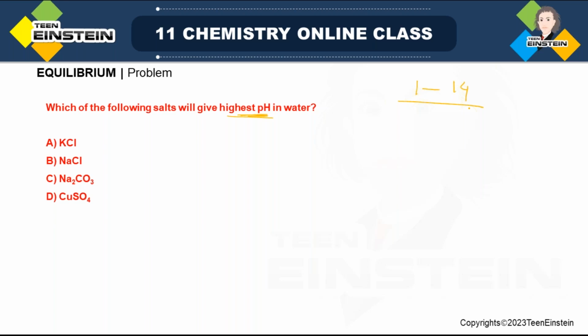If it is around 7, it is neutral, and if it is moving beyond 7, to 8, 9, 10, 12, then it is basic. Now highest pH basically means it is a basic solution. But how to know which one is basic and how the pH range works, we will discuss in detail in the next class. So this problem also we will discuss in the next class.